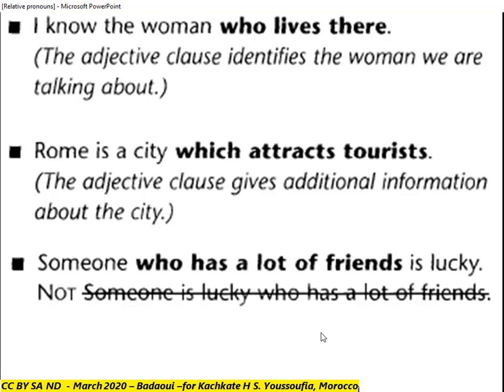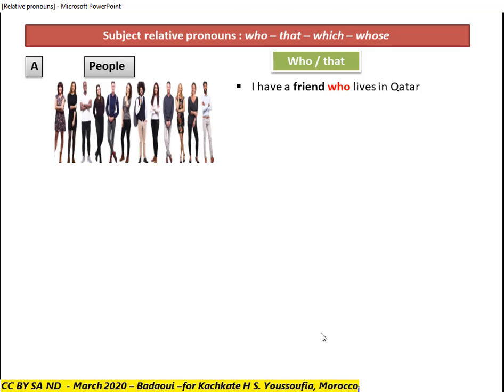So, to explain more these subject relative pronouns, we start with A. We use it for people, of course, as you can see. We use who or that. They have both the same function. We can say, for example, I have a friend who lives in Qatar. Or we can say, I have a friend that lives in Qatar.